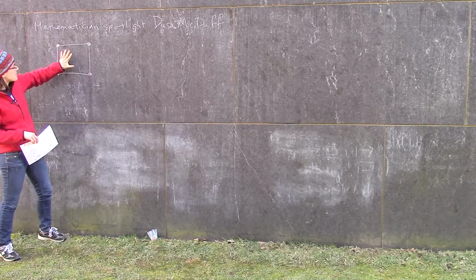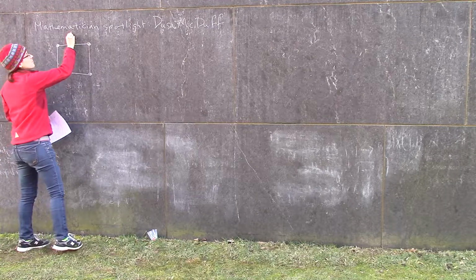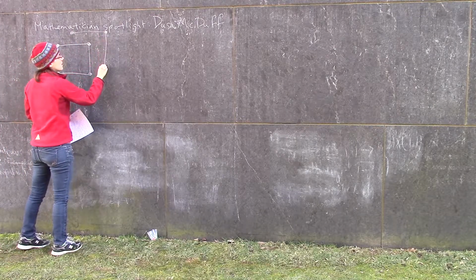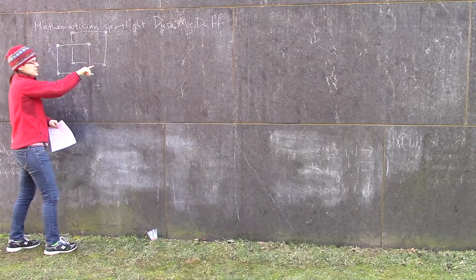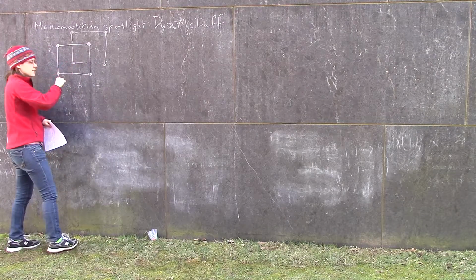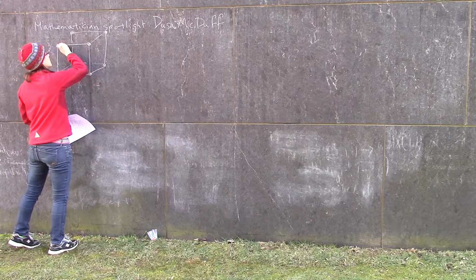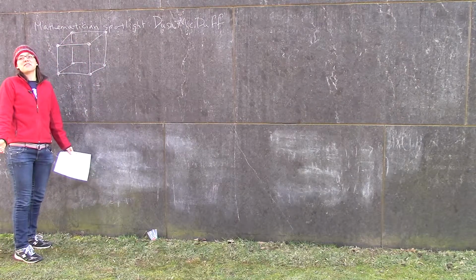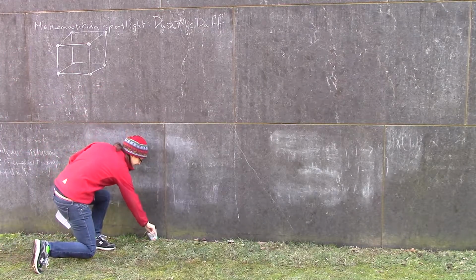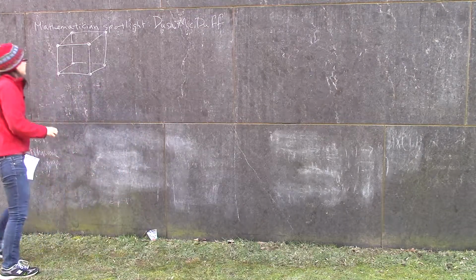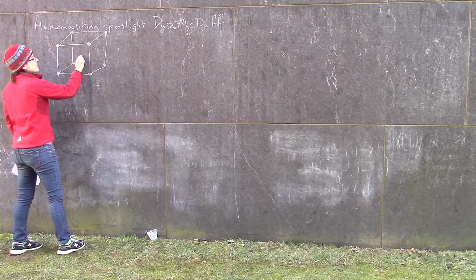So if we make a copy of this square, and then we pretend like each of the vertices drag themselves, we get a cube, which is 3 dimensional. And then the last thing to do, and I'll do another color so we don't get confused, is draw a second picture of a cube.